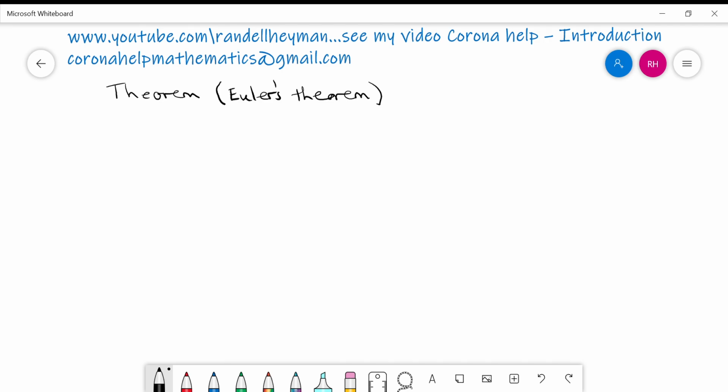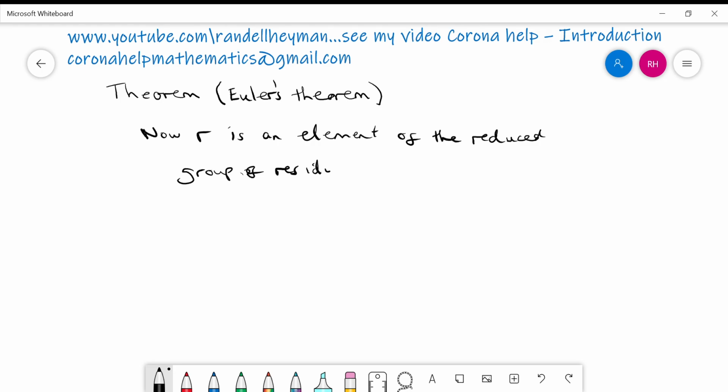Okay. We are now working through Euler's theorem, and I'm going to write up the sentence that we're up to. Now, R is an element of the reduced group of residues modulo m.